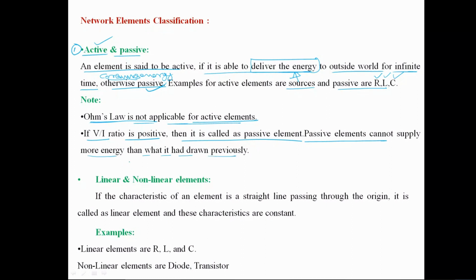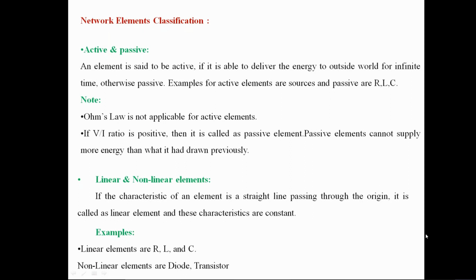Passive elements cannot supply more energy than what they had drawn previously. These are the important points to be noted as far as passive and active elements are concerned. Then coming to the second category, linear and non-linear elements.